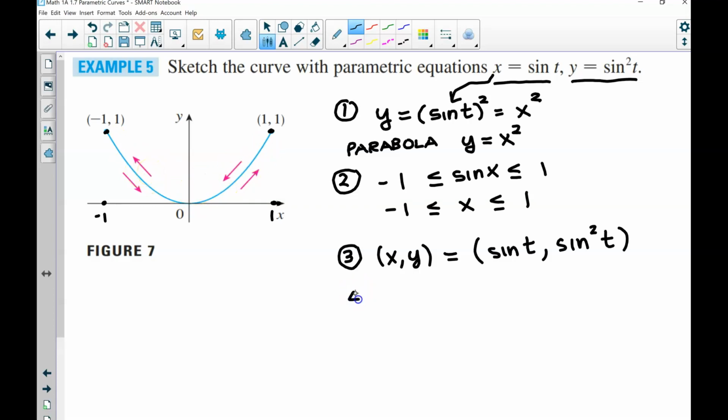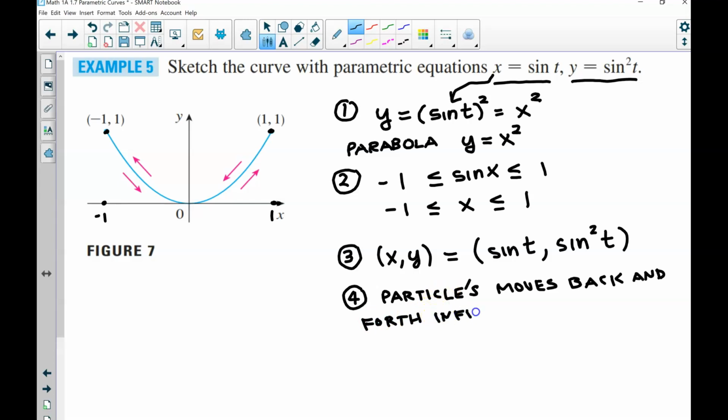So we can say that the particle's motion moves back and forth infinitely, according to this particular pattern.